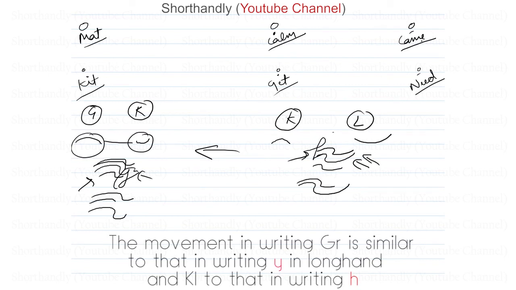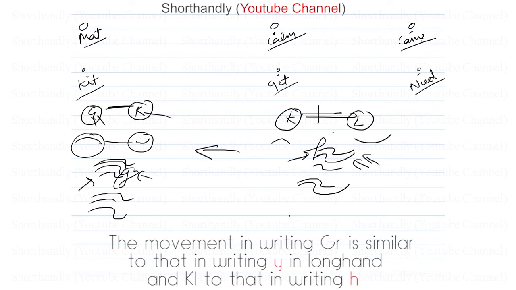So it's simply saying that when we have to write K and L together, the motion matters, because KL and KR are unequal curves. The length of these two curves, K and R, are different.